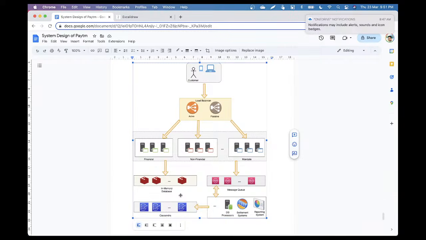Right, so until the message queue and in-memory data storage, they could be in the same cluster. But the last two blocks, Cassandra and the reporting systems, can be in separate blocks, to reduce the size of the Kubernetes cluster, because that will otherwise become difficult to manage.